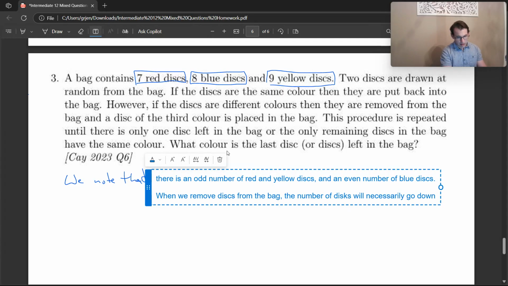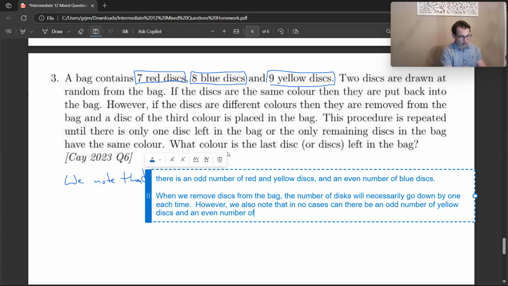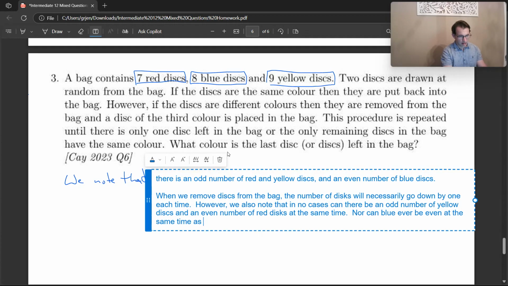We're just going to go down by 1 each time. However, we also note that in no cases, when we remove discs, we do change whether that number is even or odd, but we'll never get blue to be odd at the same time as either yellow or red.